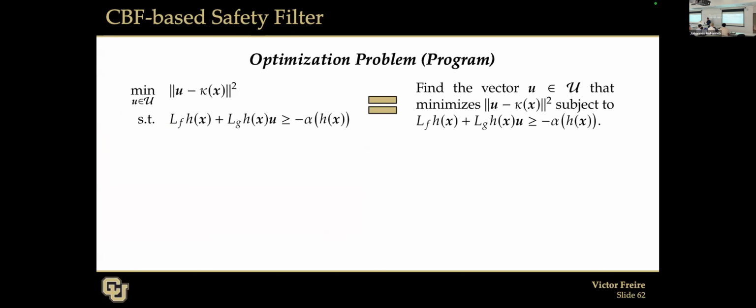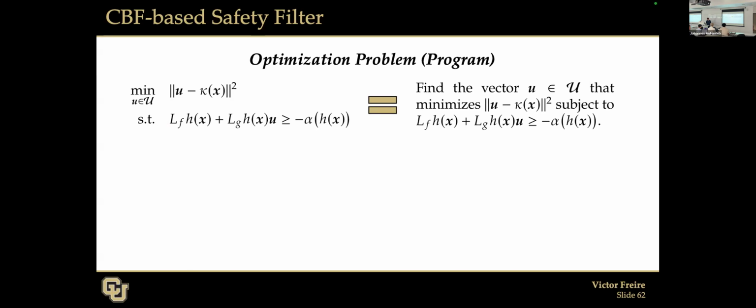In words, this problem says find the admissible vector u that minimizes the objective function, which is a distance between the optimization variable u and the nominal controller, kappa of x. That's the nominal controller we designed without regard for safety, subject to the CBF condition, that LfH plus LgH u is greater than or equal to minus alpha of h.